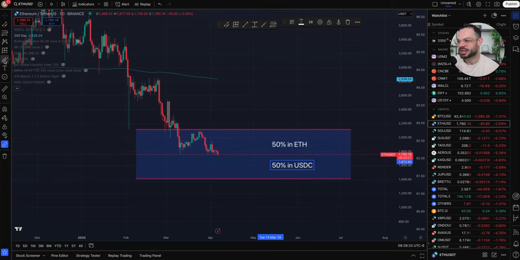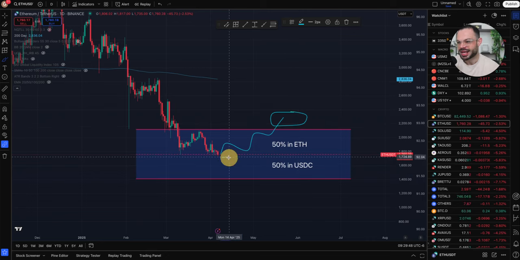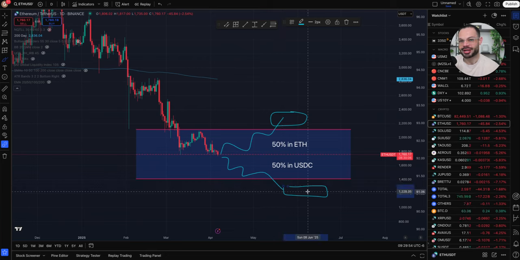Okay, this means that as price moves up, you're going to get fully converted into USDC by the time you move out of range to the top side. And again, that's going to limit your upside in terms of price appreciation versus if you were just holding Ethereum spot. And on the downside, you're going to get fully converted, or 100% converted, into Ethereum if price moves out of range to the downside.